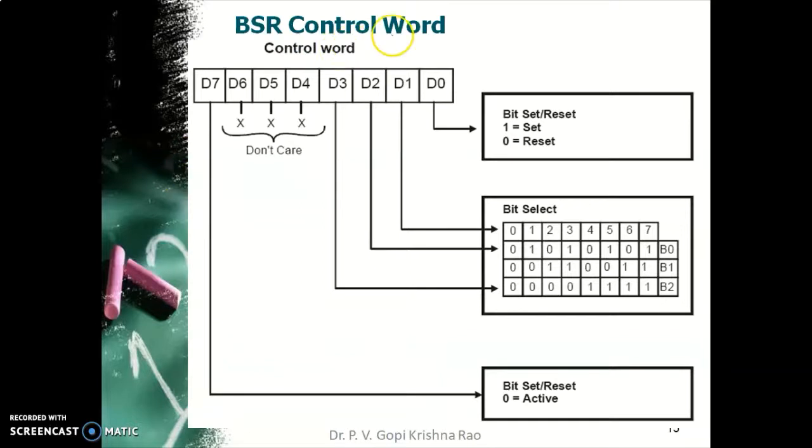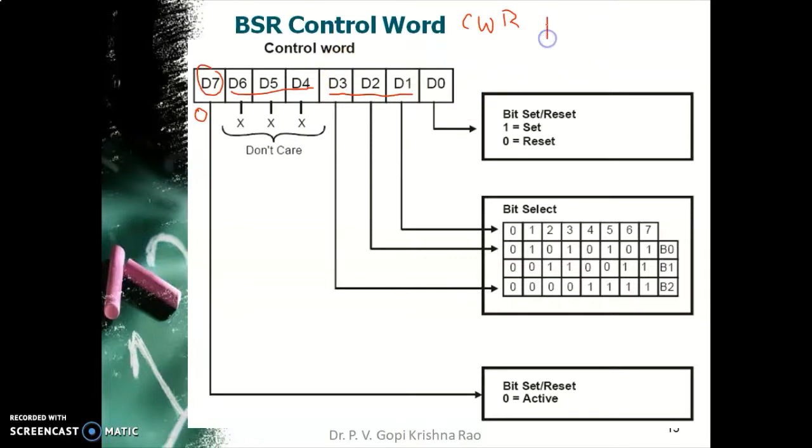The basic structure of the control word register in BSR mode is that the D7 bit is made equal to 0. So the structure of D6 to D0 will change. Bits D6, D5, D4 are not used, so they are don't care conditions. Bits D3, D2, D1 describe which pin of port C is to be used.